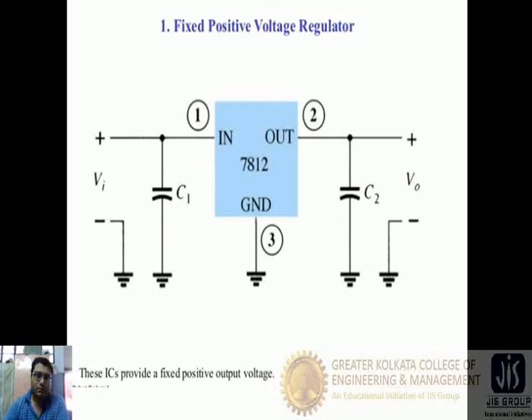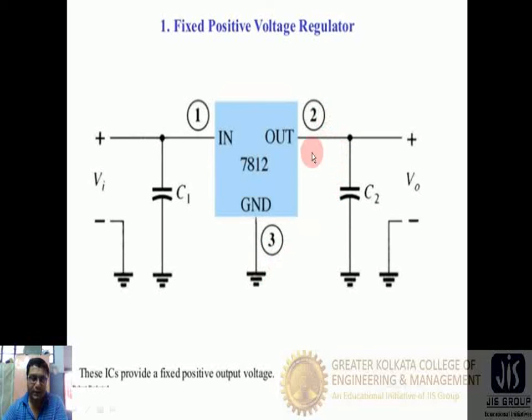There are 3 pins of this IC, 1, 2 and 3. We apply the input voltage across 1 and 3. A non-regulated input is provided to its input pin and we can get a controlled, regulated output voltage at 2 and 3.